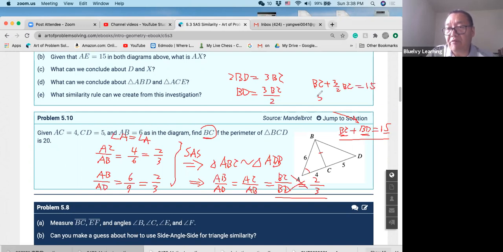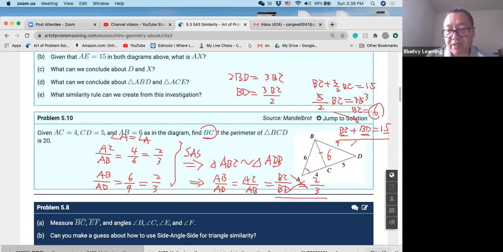So you get 5 over 2 times BC equals 15. Then BC equals 6, 2 times 3, that's 6. That means this one equals 6, then this one will equal 9, right?